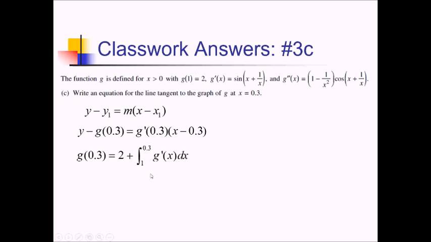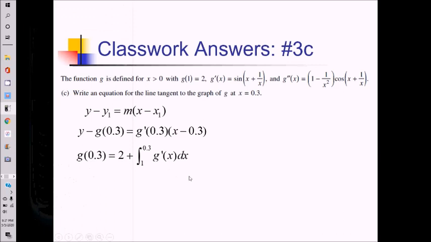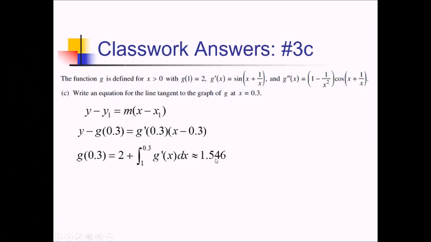This I'm going to have to do on the calculator. So here's what this looks like on my calculator. I have 2 plus integral, which was math 9, from 1 to 0.3. I did alpha trace to pull up the y menu, and I put y1 in there because that's where I stored g prime. And this is an x out here, dx. Pressing enter, that's about 1.546. I'll just round it off to 3 decimals there. So that's what's going to go in for g of 0.3 in a moment.